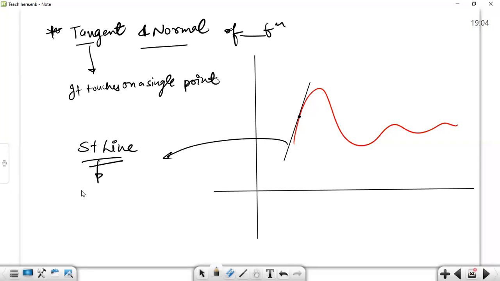So for the equation of the straight line, what will be required is its slope. And if we know one point on this line, we can also write its equation.